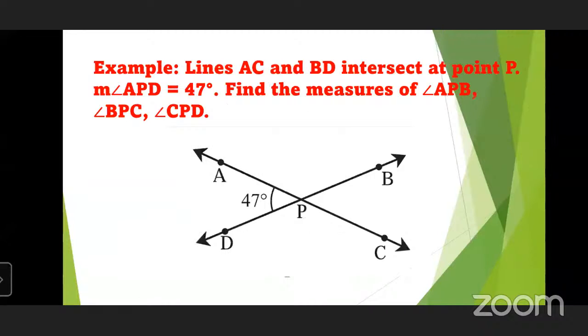Now, lines AC and BD intersect at point P. The measurement of angle APD is 47 degrees.